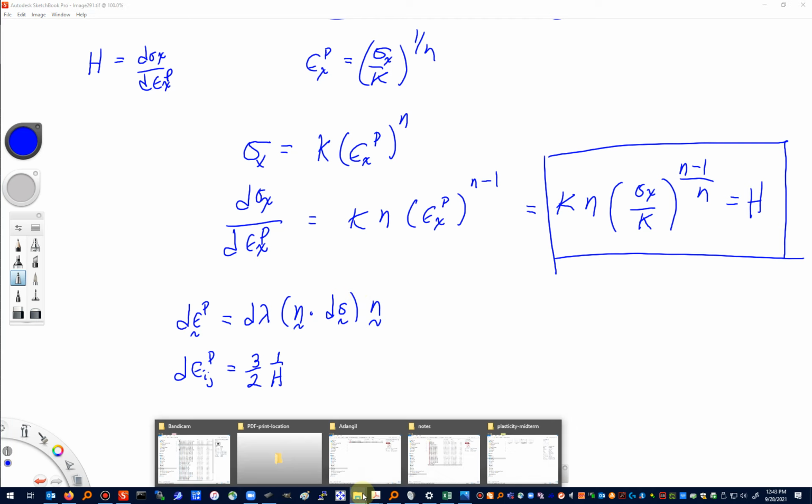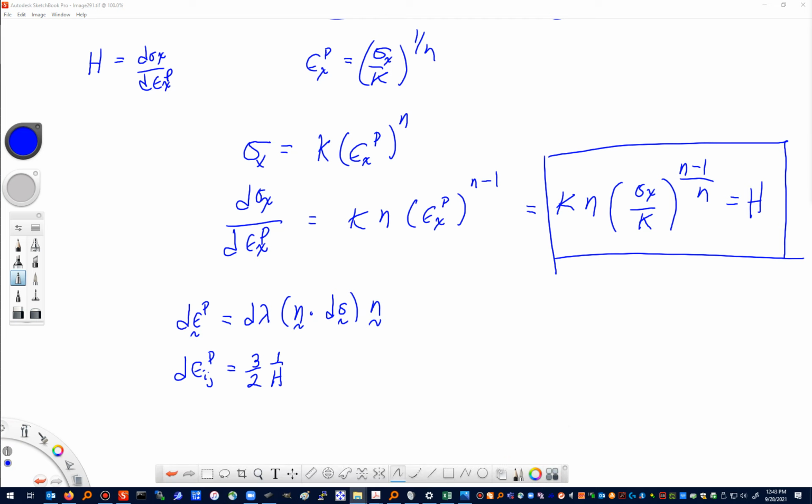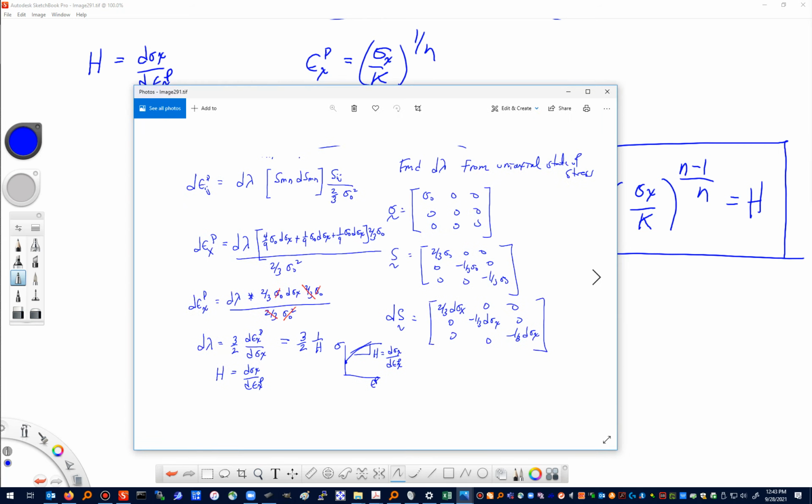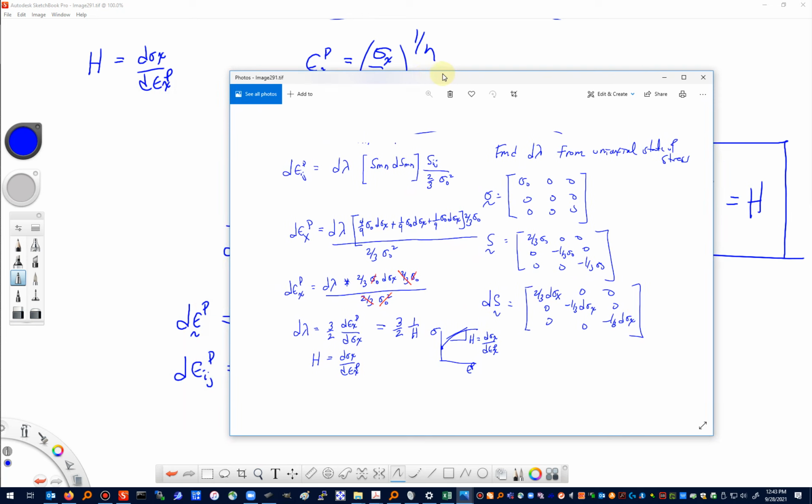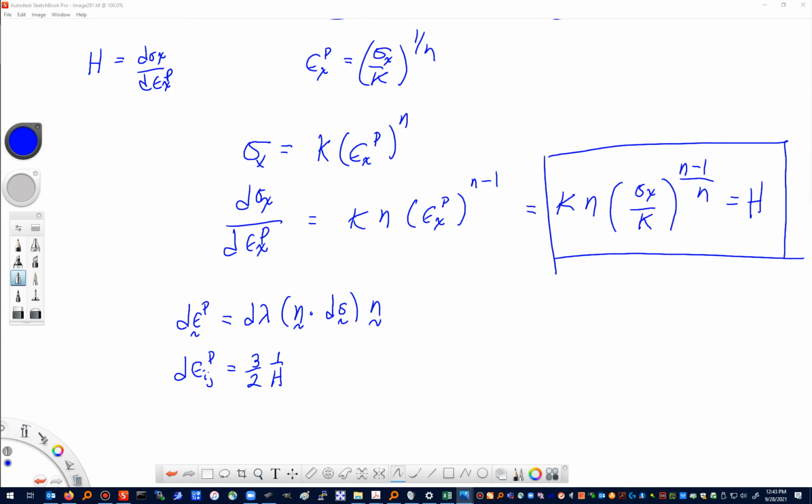Probably best if I just go back and bring up that page. Let's see here. So we can use this form, S_mn dS_mn times S_ij divided by 2/3 sigma naught squared.